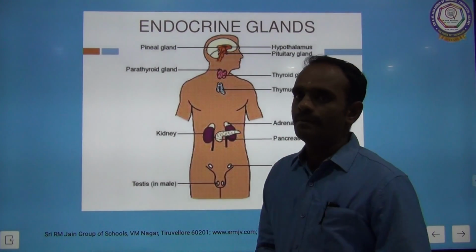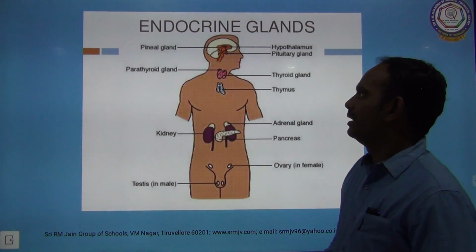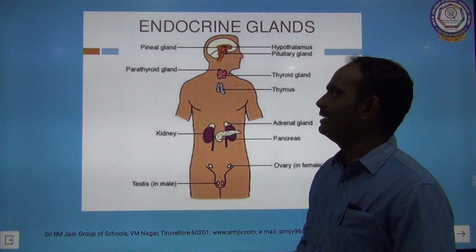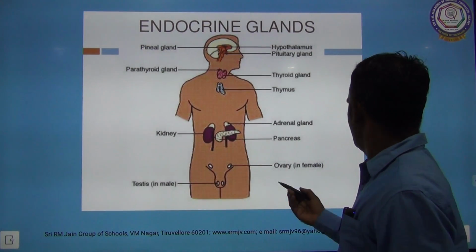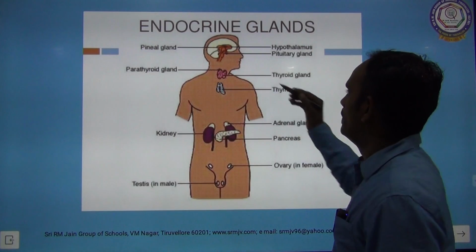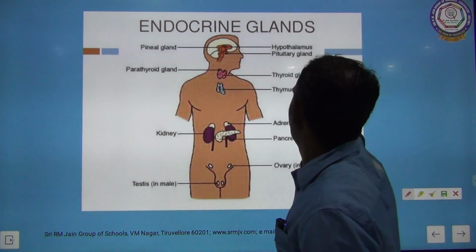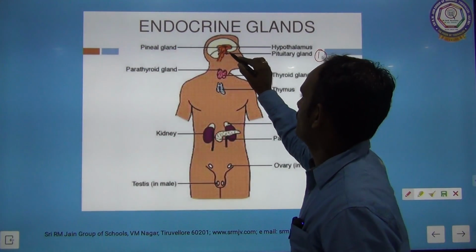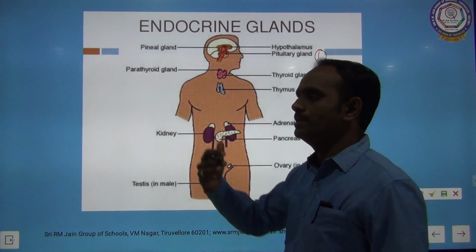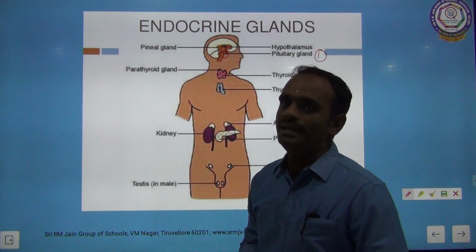See the picture here, and this is the human endocrine glands. The first one is pituitary gland. Pituitary gland is located just below the midbrain.